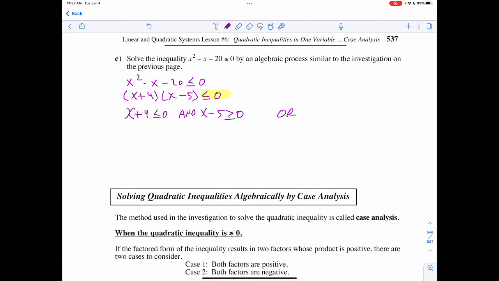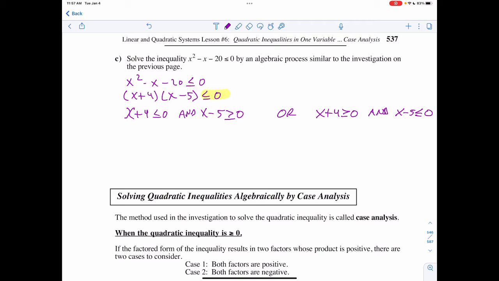Or the other possibility is I can multiply a positive and a negative. Where x plus 4 is the positive in this case and x minus 5 is the negative.